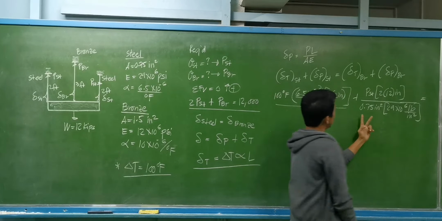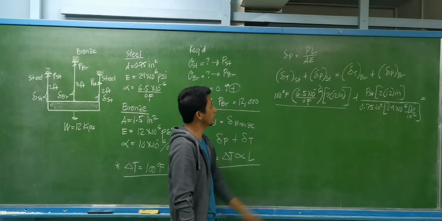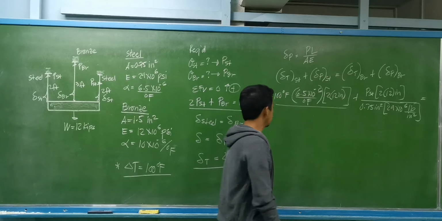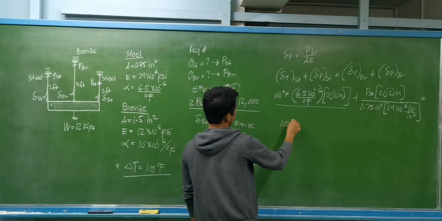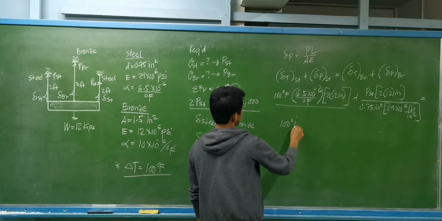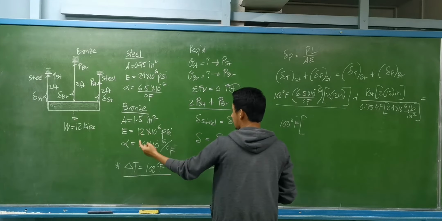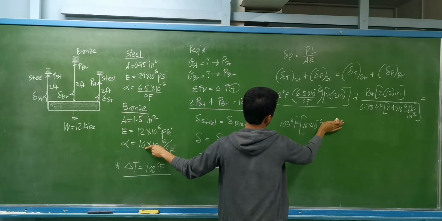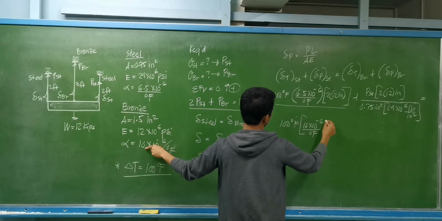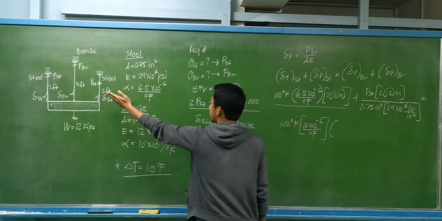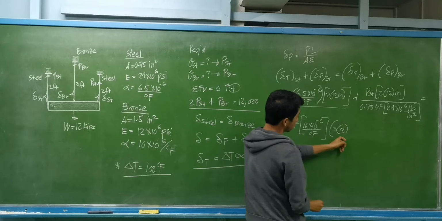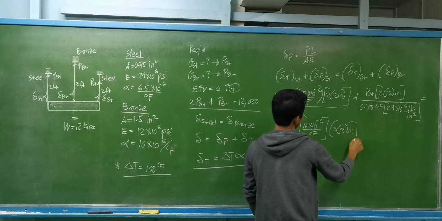So this total deformation for the steel should be equal to the deformation due to change in temperature for the bronze. That is, we have 100 degrees Fahrenheit multiplied by alpha for the bronze, this is 10 times 10 raised to negative 6 per degree Fahrenheit. Then the length of the bronze rod is 3 feet, multiplying by 12 to be in inches.